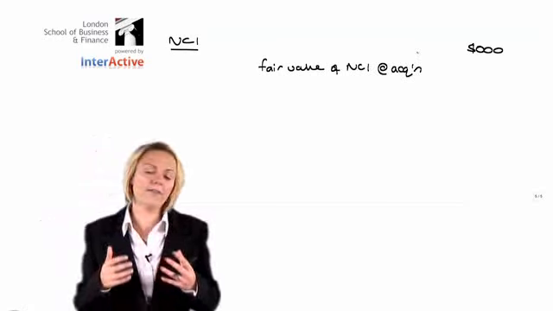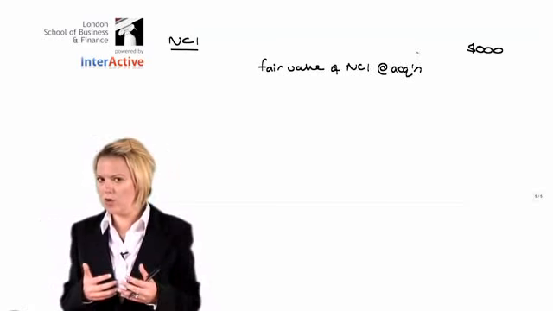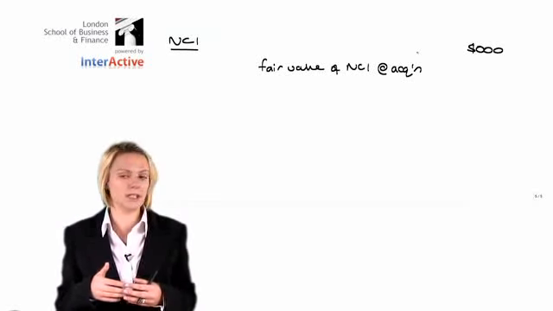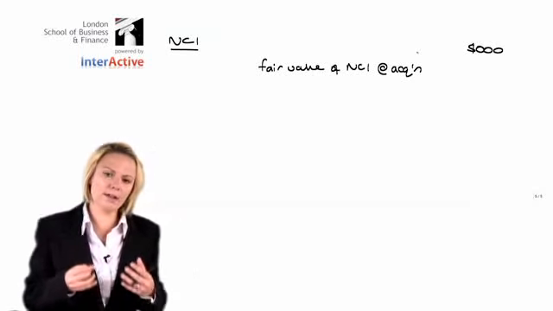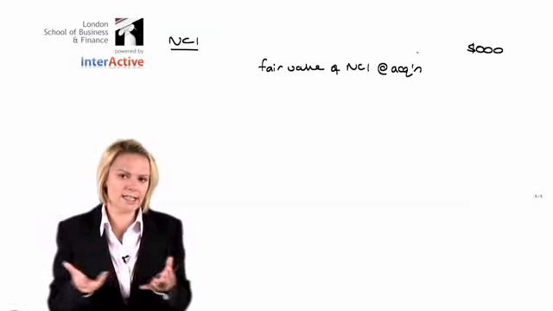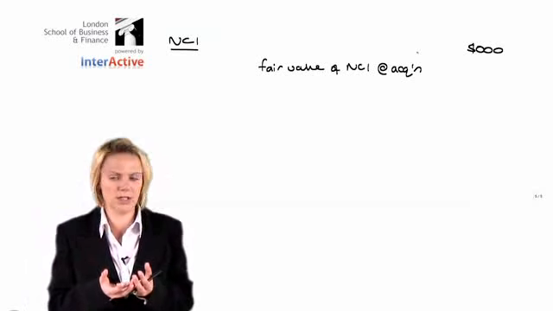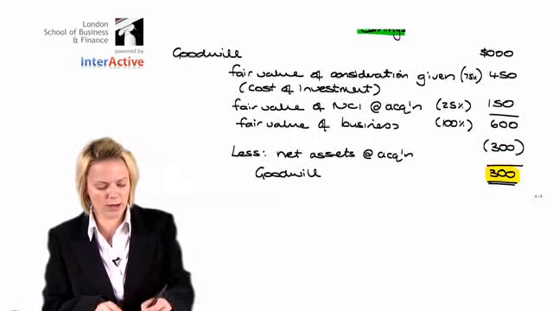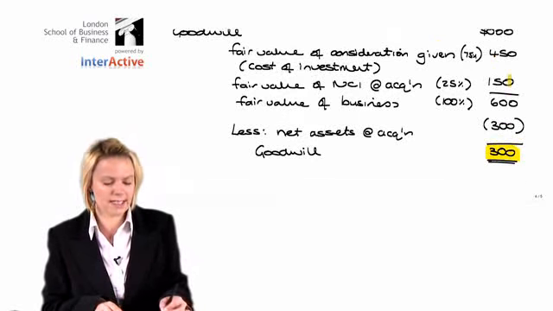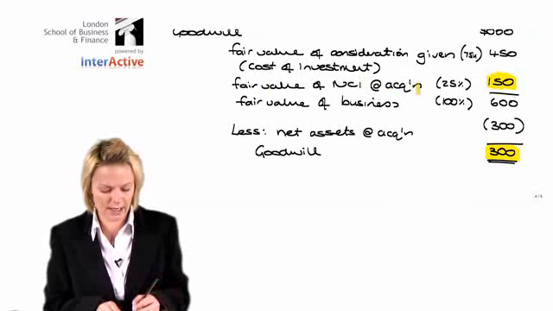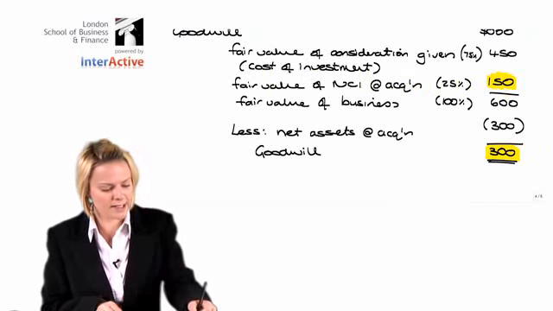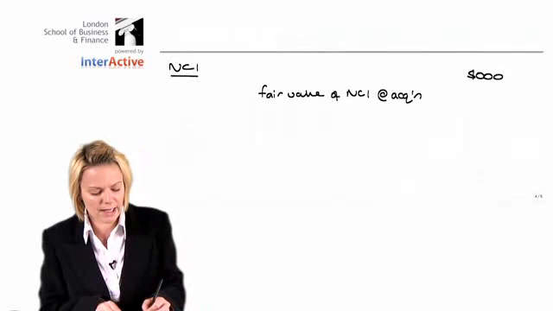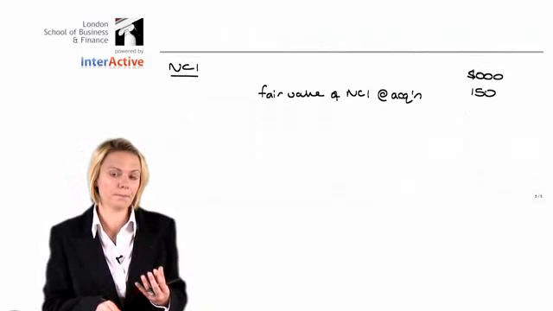So we start off by valuing the 25% holding that we don't own in the subsidiary by using the market value of those shares that 25% of the subsidiary has, the NCI. We've already used this figure. Do you remember up here in goodwill? Fair value of NCI at acquisition, 150. This represents the value of the subsidiary 2 years ago.